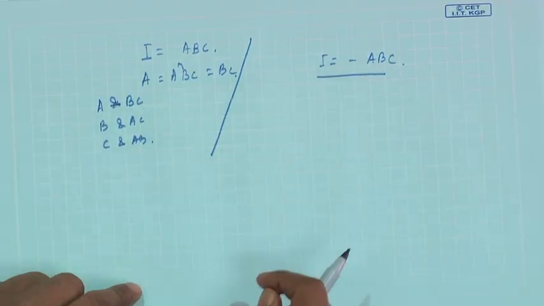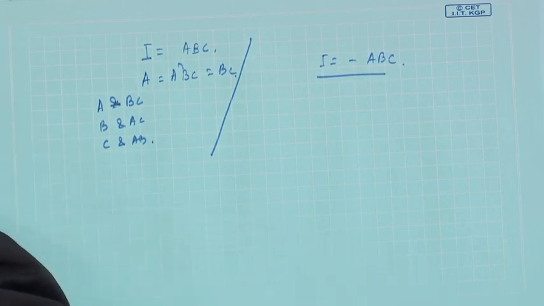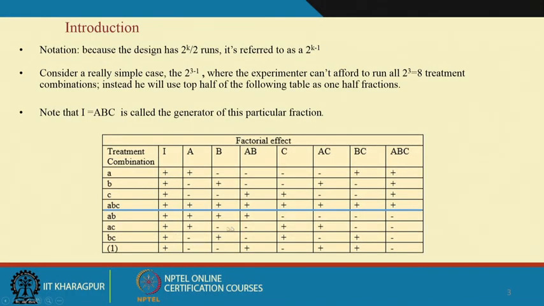Now, what you do, instead of using this, you use I equal to minus ABC. If you use I equal to minus ABC, then let me go back to this. That means the lower half you are using. Here, what is the contrast for A?